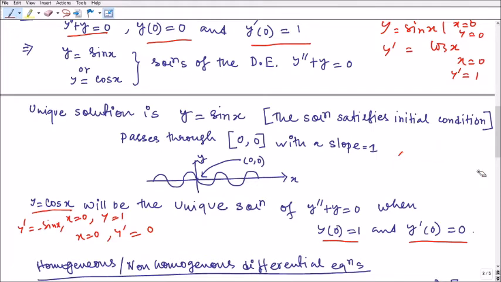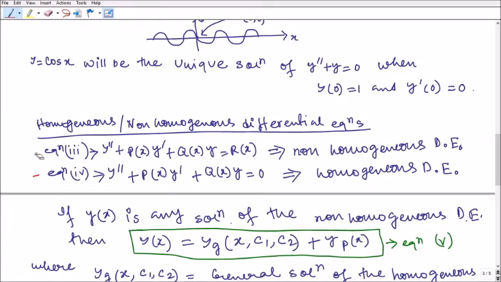Now next we will discuss homogeneous and non-homogeneous differential equations. The equation 3, that is y double dash plus p of x y dash plus q of x y equal to r of x, is a non-homogeneous differential equation. And from this non-homogeneous differential equation, we obtain the homogeneous differential equation, y double dash plus p of x y dash plus q of x y equal to 0. So for the homogeneous differential equation, you see that the right hand side term r of x is equal to 0.